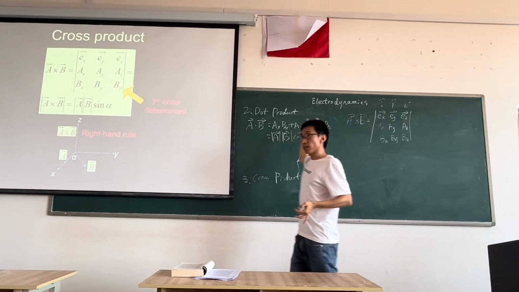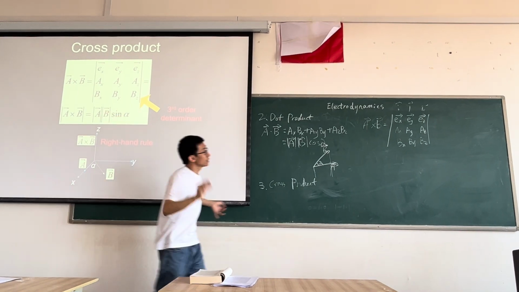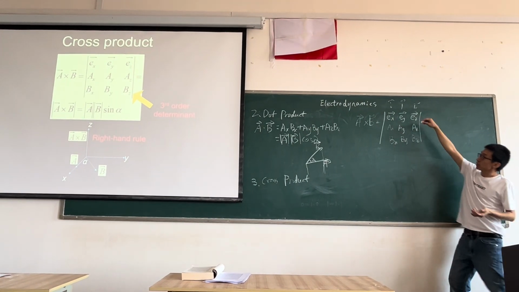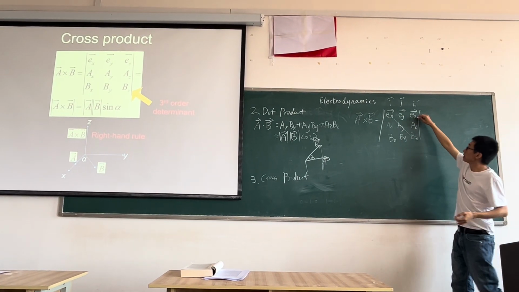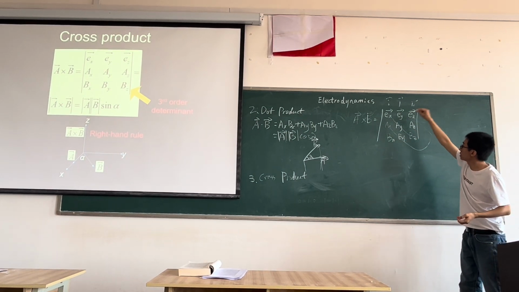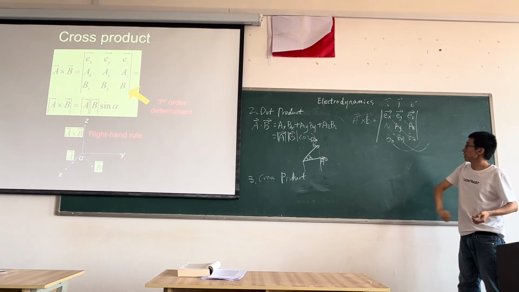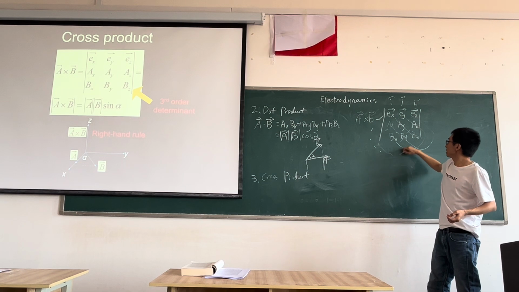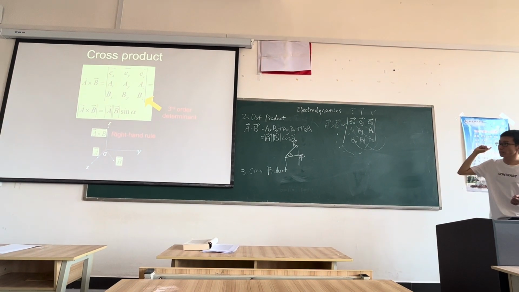And how do we expand this third order determinant? The product of these three plus the product of these three elements plus these three, minus these three, minus these three, minus these three. This is how we expand it.